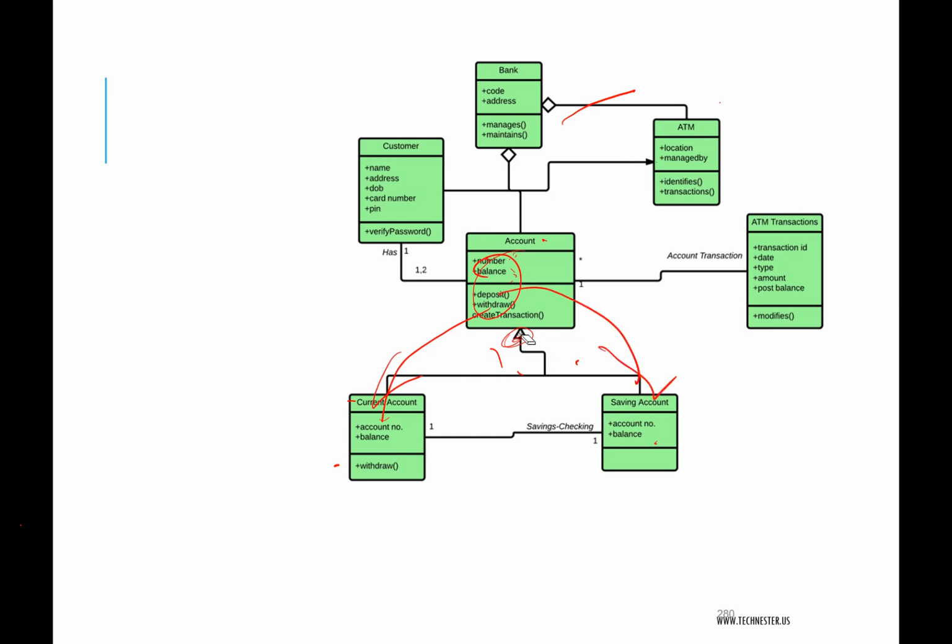So that's what this relationship means, inheritance or generalization. And then the current account can have some things that the savings account cannot. So the expectation is that you withdraw from your current account, but hopefully you will not need to withdraw from your savings. That's not reality, but there's that expectation.